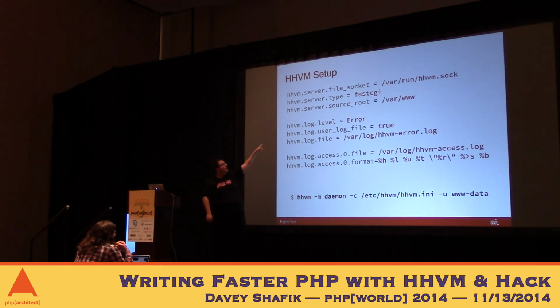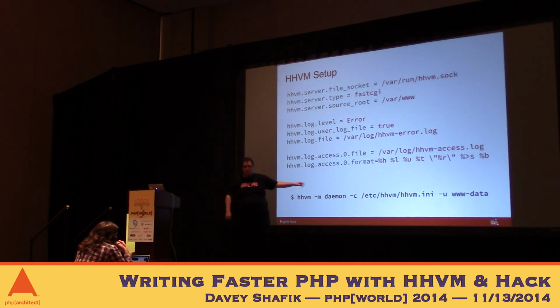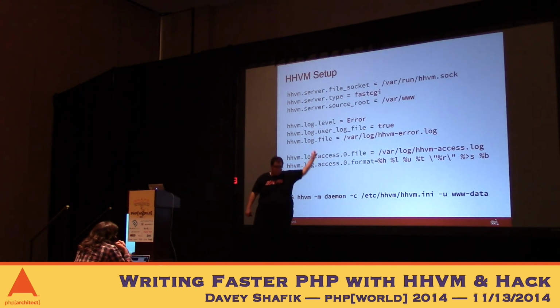Tell it where to put the socket, tell it that it is FastCGI. There is an event-based built-in server that they used to use before they had FastCGI. That is deprecated, so FastCGI is the way to run this. Then your source root, so your document root, and then things like logs and whatnot. And then you just run hhvm -m daemon, put it in the background, -c, the location of this file, and who to run it as. So here, www-data.